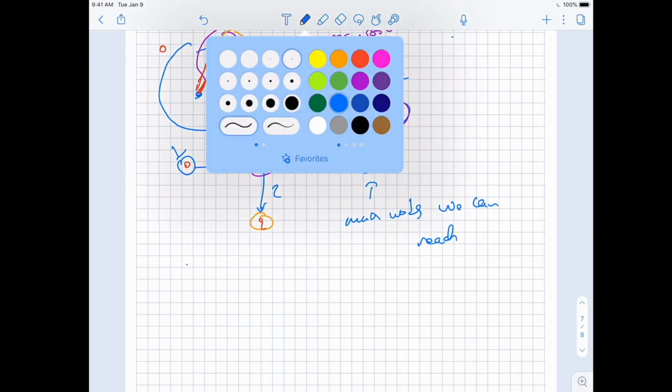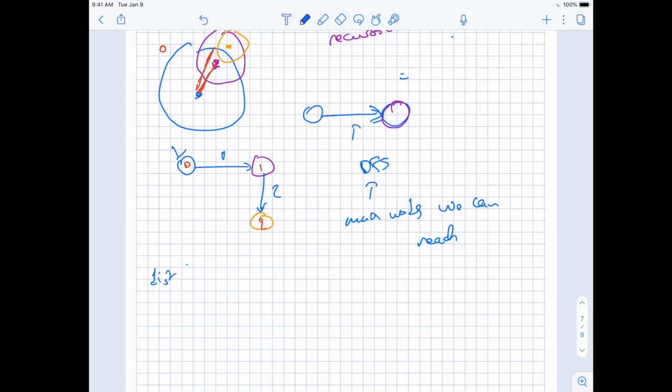So how do we calculate the distance between these 2 points? Well, we can actually just use the Euclidean distance to do that. And so how do we calculate that? So let's say for the blue one, it's x1, y1, the center. For the second one, the purple one, it's x2, y2.